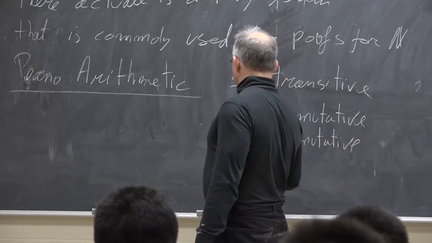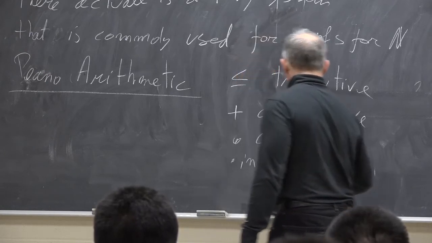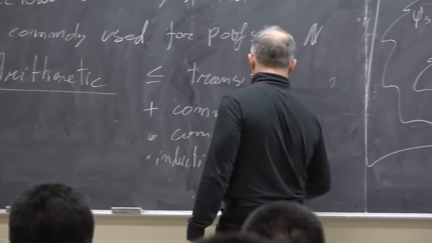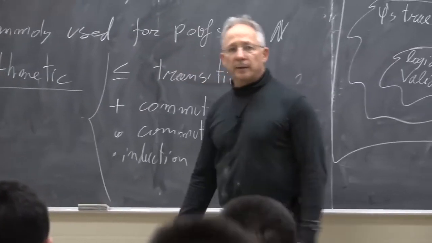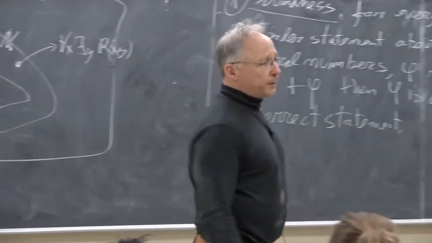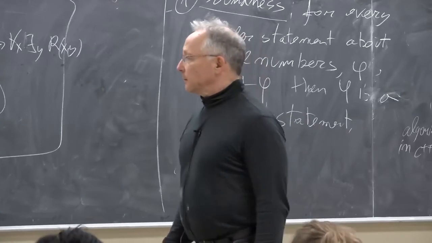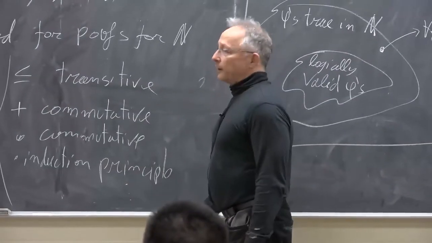And the induction principle. And in general, there are about 10 such axioms. And they usually suffice for anything that we want to prove about natural numbers. So there are some more. But they just describe the basic properties of the natural numbers.